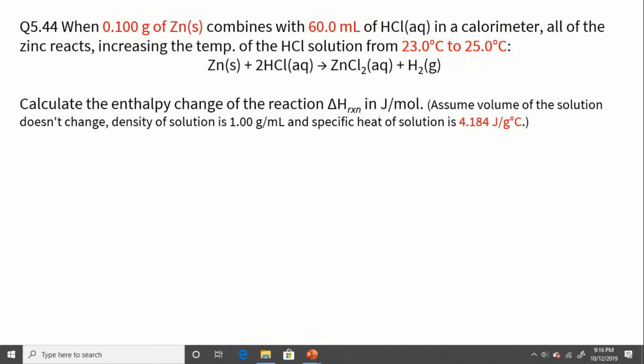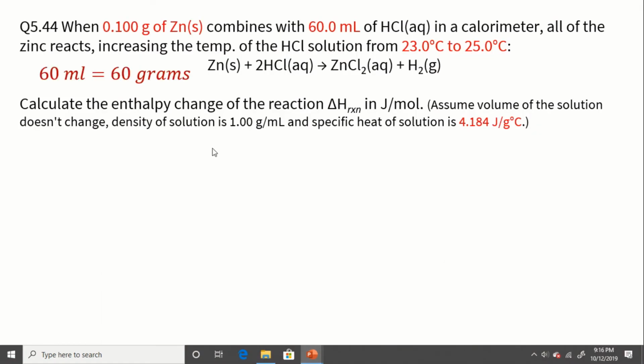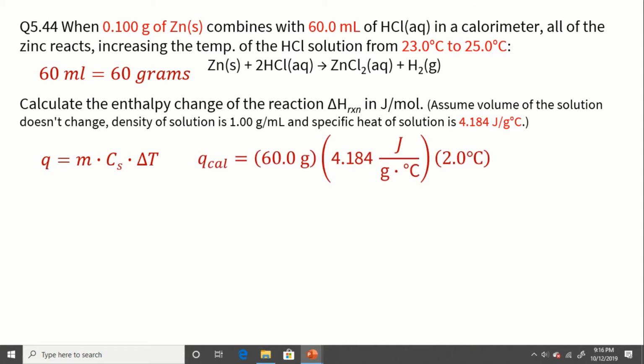Before I do that, though, I need to convert the 60 milliliters into grams, knowing that the density of water is 1 gram per milliliter. So 60 milliliters would be 60 grams of water, and now I can find the heat that the water absorbed to go from 23 degrees to 25 degrees, right?